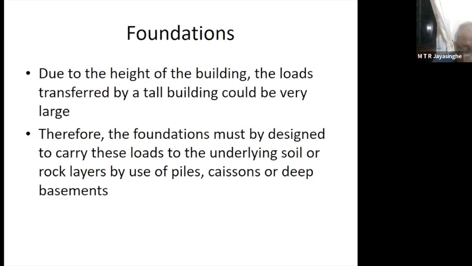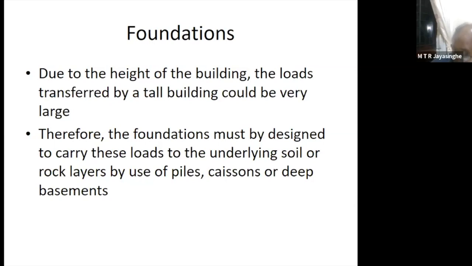And for 1.5 meter diameter piles, he proposed something like 17,000 kilonewtons. And most of the projects in Sri Lanka before that, we have used only 10,000, 11,000 as the capacity for 1,500 diameter.